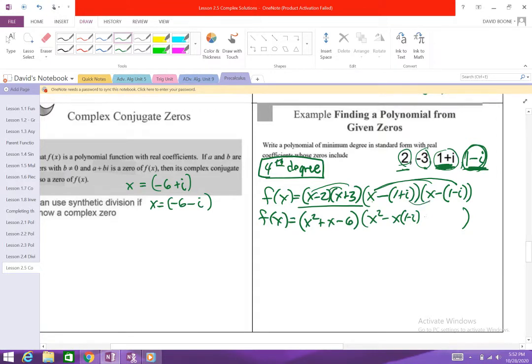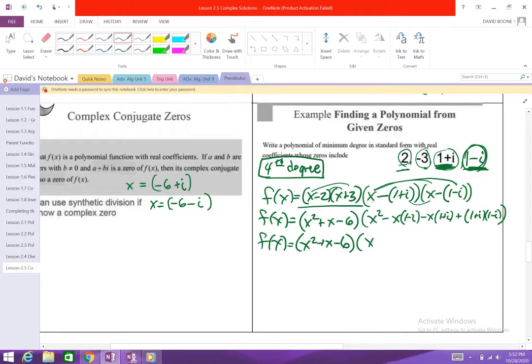So again, we're taking the outsides, x times 1 minus i, then take the insides, which would be minus x times 1 plus i. And place that there. And then take the last. So this minus times a minus would be a plus: 1 plus i times 1 minus i.